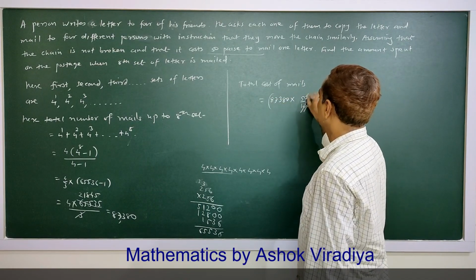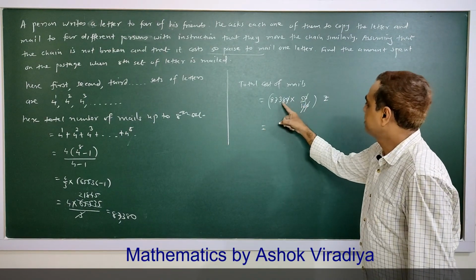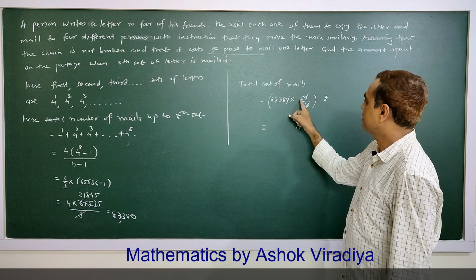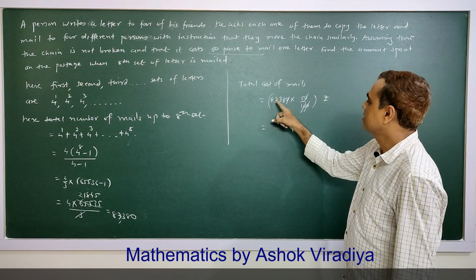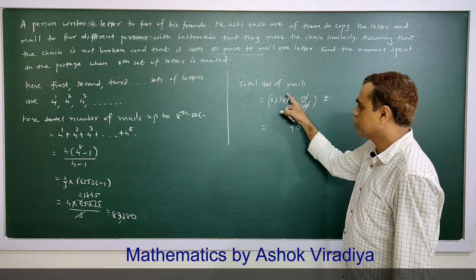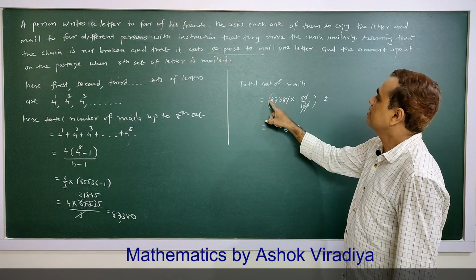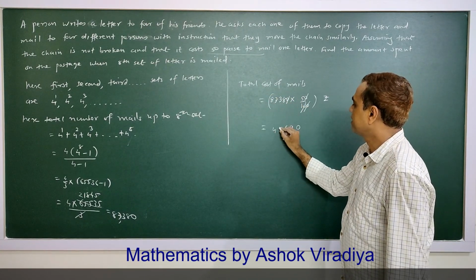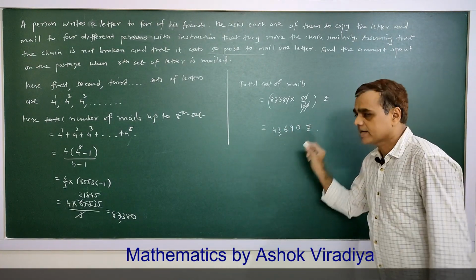So it is equal to 5 into 8, 40, put here 0, then 4, 5 into 3, 15 plus 4, 19, put here 9, then keep 1. 7 into 5, 35 plus 1, 36, put 6. Then 8 into 5, 40, 40 plus 3, 43. 43,690 rupees.